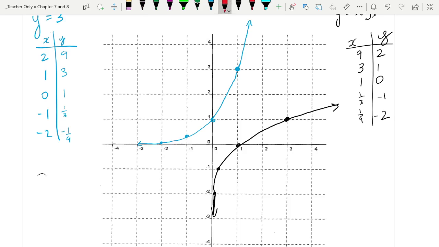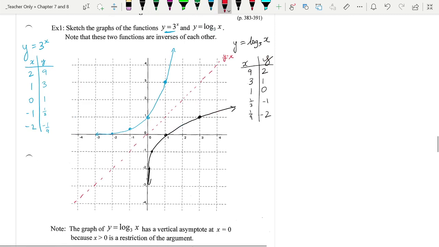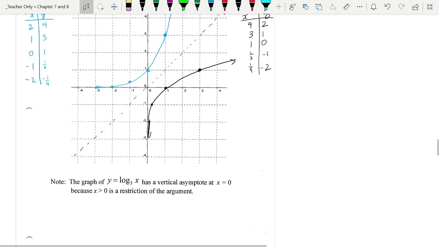In fact, if you had put the line y equals x, it acts as a reflecting mirror for those two functions. So there we go. Note, the graph of y equals log to the base 3 of x has a vertical asymptote at x equals 0, right?